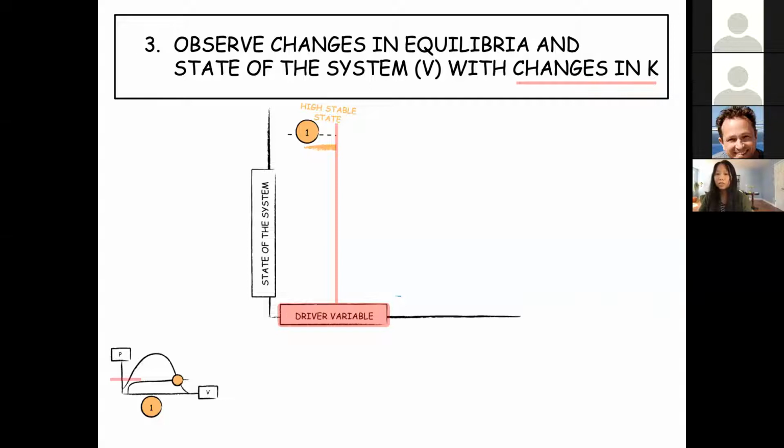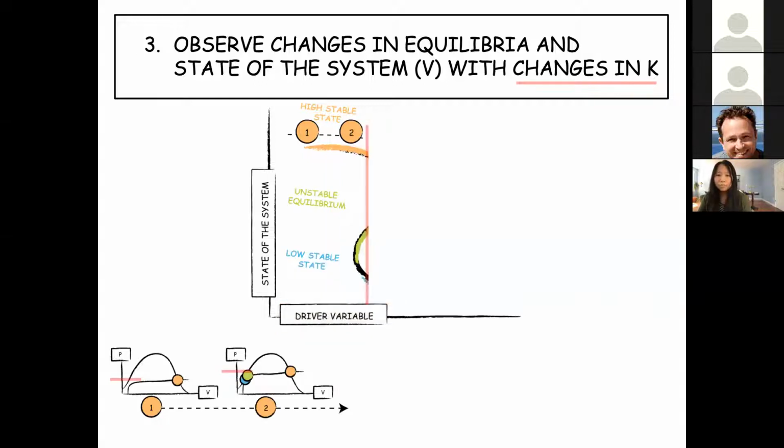If we start at a low K, the victim population at equilibrium is relatively high. But as soon as we increase K, we're moving that predator isocline up. And suddenly, instead of just having one intersection with the prey isocline, we have 3. So 2 stable and 1 unstable equilibrium, 2 of those appearing out of the blue sky, hence the name for that bifurcation.